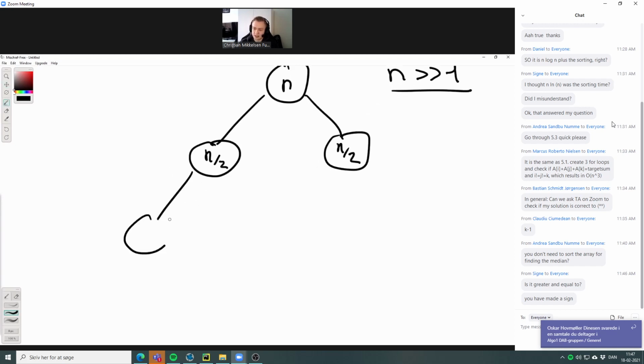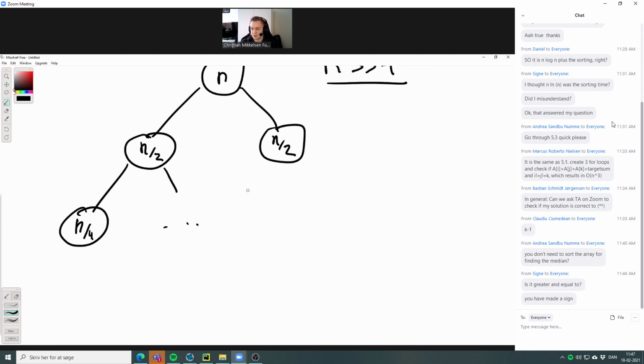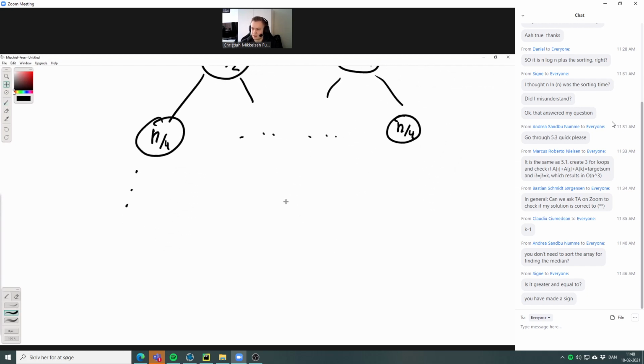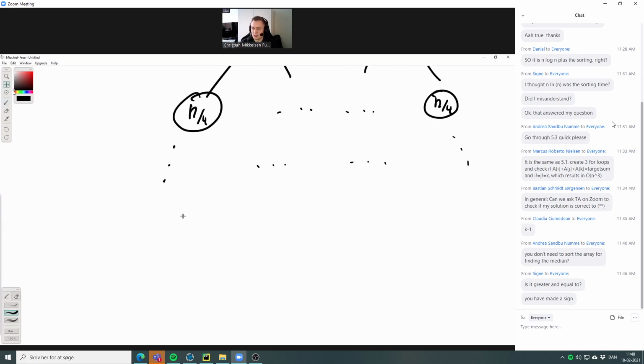And then we split it again on these layers. And here we get that it takes n over 4 time. And then, of course, we also have some more here, and then we have, again, n over 4 here. And then we might end up at the bottom.